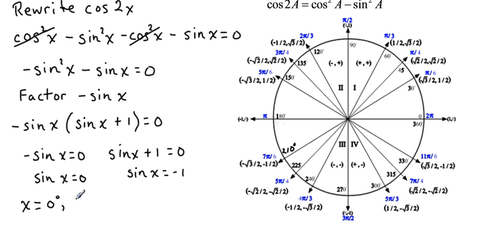Another one is 180 degrees. As far as the negative 1 value, there's only one place on the unit circle where we have a y value of negative 1, and that would be at 270 degrees. So the three solutions to this equation that we started off with are 0, 180 degrees, and 270 degrees.